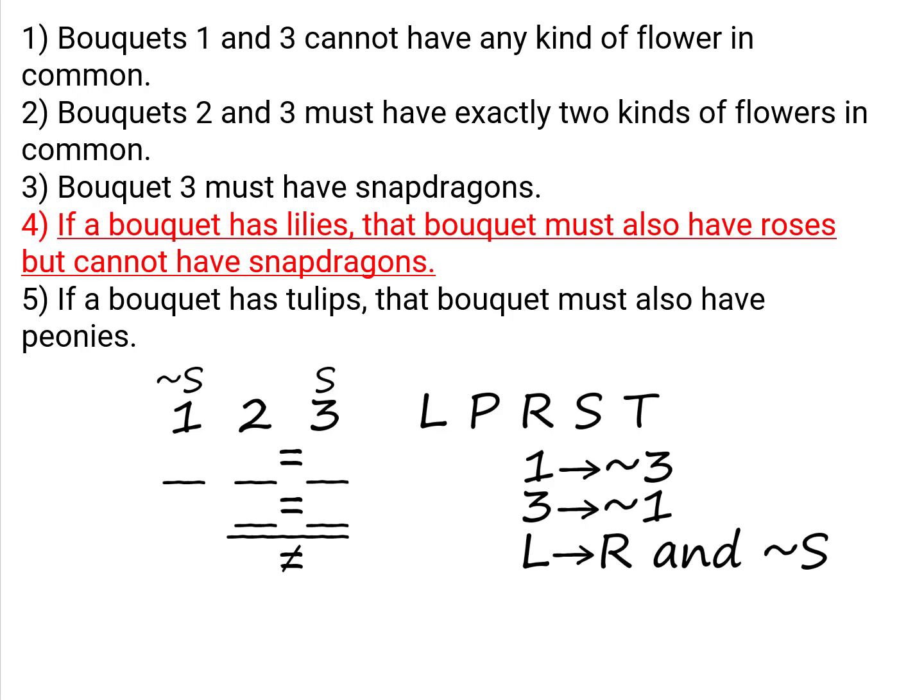So the contrapositive here means if you don't have R, or you do have S, you're not allowed to have L. When you have multiple formal logic rules in the same game, keep their arrows lined up so that you can use it as a sort of checklist. Now this rule is going to have an immediate effect because since bouquet 3 has an S, it won't be allowed to have an L, and we can note that over the top.